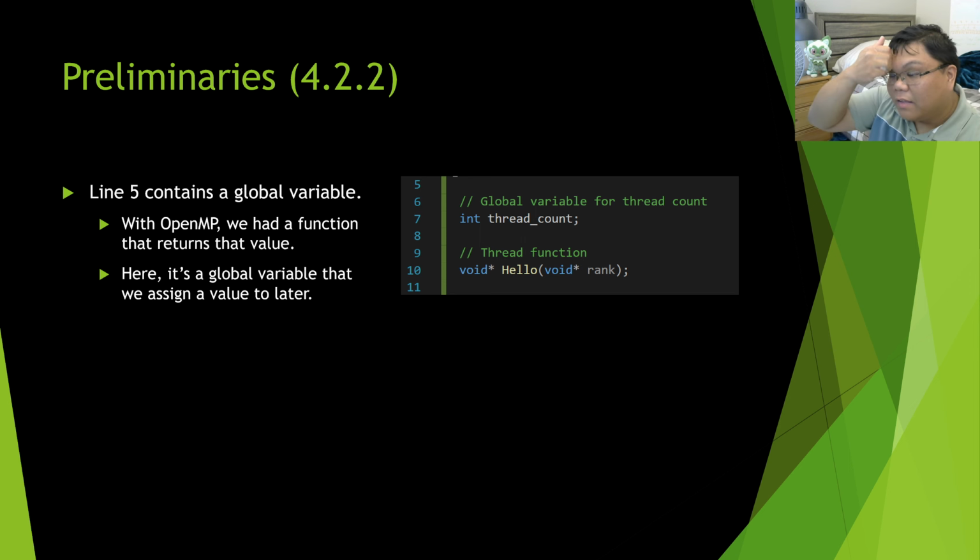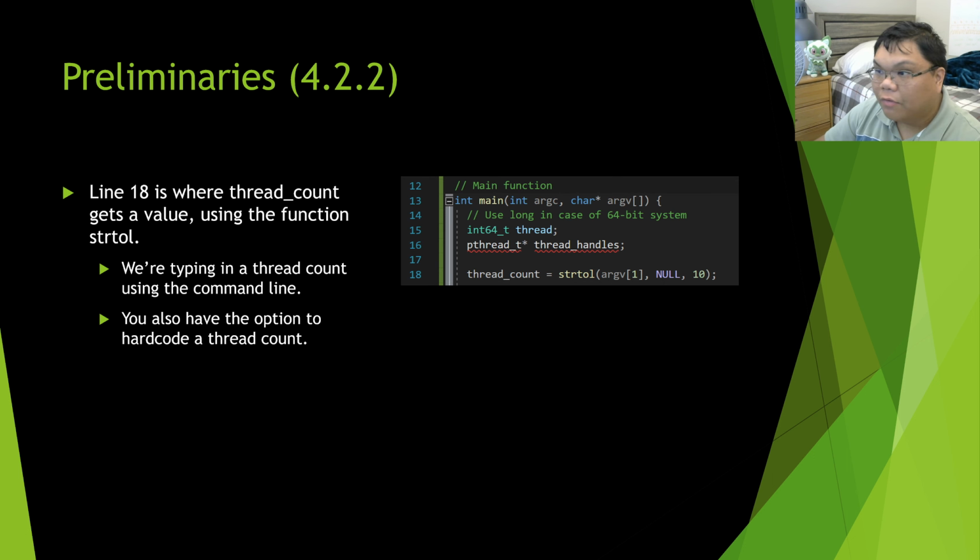We also need a function prototype for our thread function. We'll look into that a little bit more. When we get to our main function, we need that to take in command line arguments. There's that thread value again, but it's of the data type int64_t, or it can also be long int.